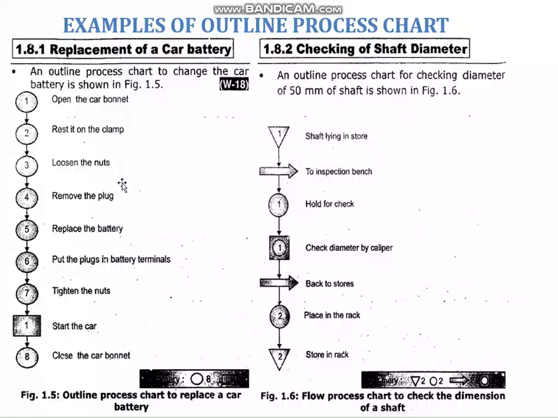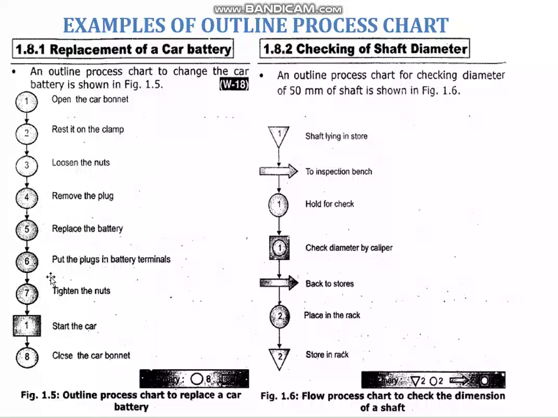But for us, at the learning stage, we take those activities which are very familiar to us and try to understand. So opening the car bonnet is an activity, a circle. Rest it on the clamp is another circle. Loosen the nuts, another circle. Remove the plug, another circle. Replace the battery, another circle.